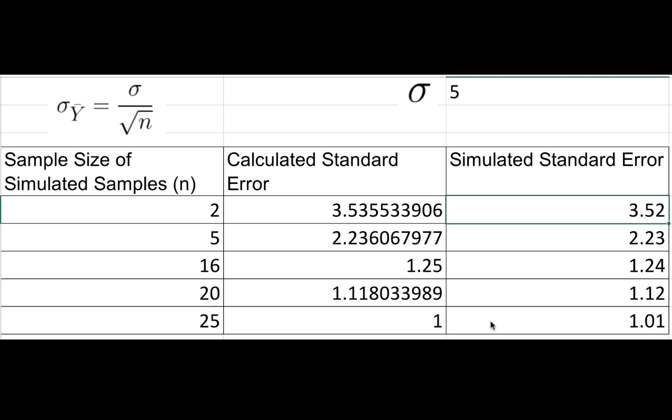So these were all the numbers that we got from our simulation, and these are all the numbers that we got from calculating it based on the third part of the Central Limit Theorem. And what do you notice? They're all pretty close, right? This is pretty close to that, this is pretty close to that, this is pretty close to that. Hey, not bad, right?